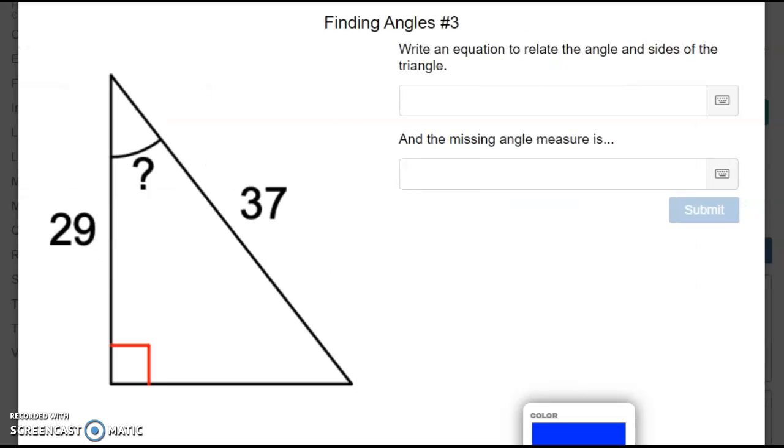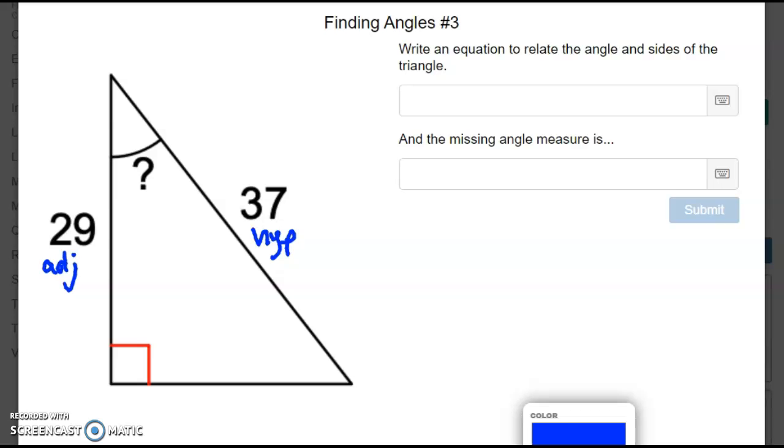A different problem: write the equation that relates the angle and the side of the triangle. First, you need to identify the sides and the hypotenuse. So this is my reference angle. In this triangle, what is 37? 37 is across from the right angle, so this is my hypotenuse. And the 29 is the leg next to the reference angle, so that's going to be adjacent.